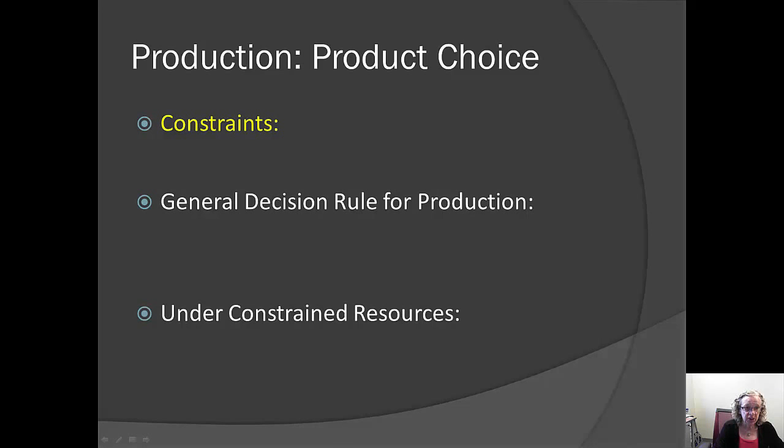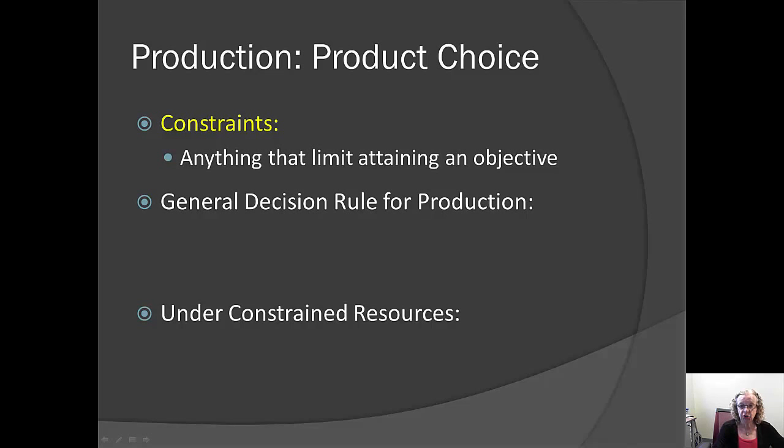In order to understand this, we need to talk a little bit about constraints. A constraint is anything that limits your ability to attain a goal. So we need to look at our production situation and decide what is limiting us, what is preventing us from doing more.